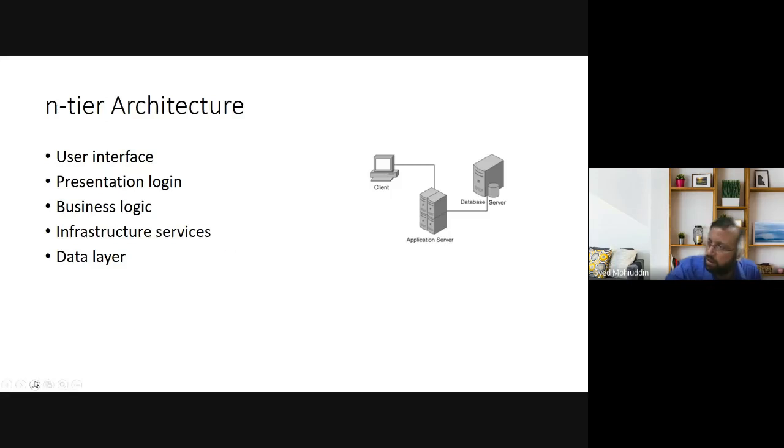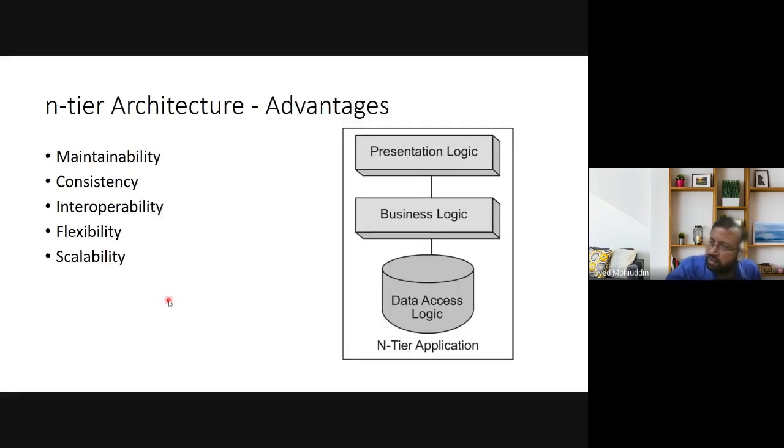Now, the main advantages of this entire architecture. The first one is maintainability. This type of architecture allows us to create applications that are easy to maintain. Then the next important thing is consistency. It allows the development of enterprise applications, and for an enterprise application, the data has to be consistent.